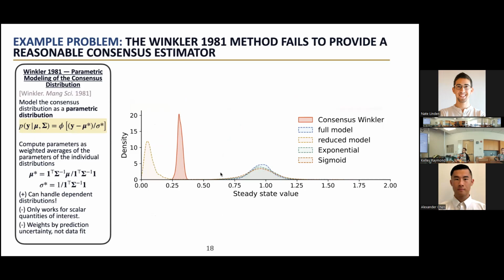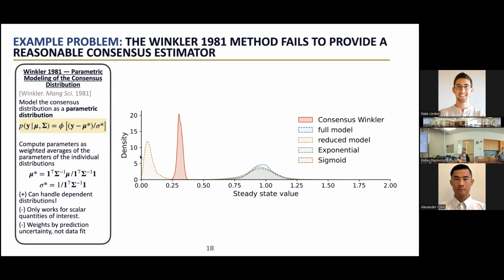And we're thinking, okay, that looks nothing like the true steady state value. The true value is around 1, which is what was predicted by the true model originally. Why is this pulled all the way to the left like it is? And that's because this reduced model has a much smaller variance than these other models.